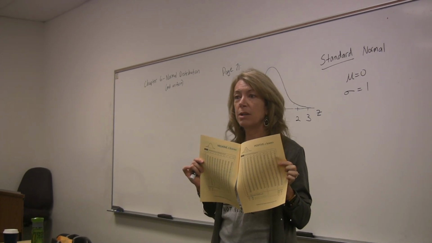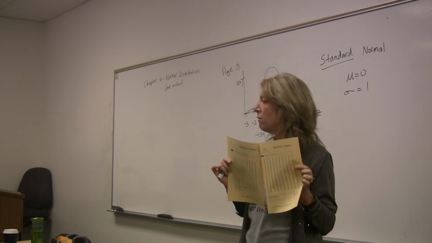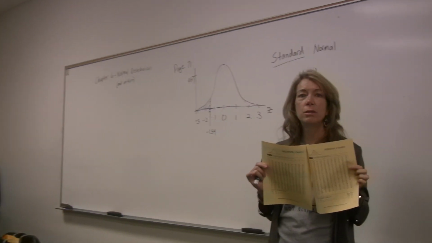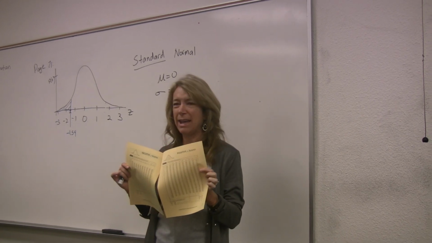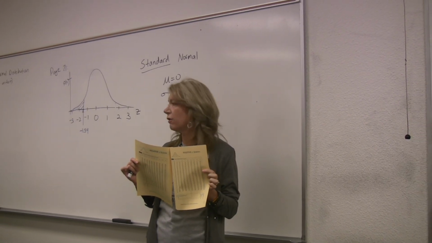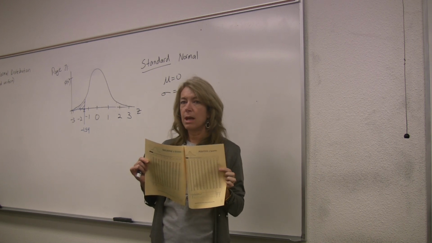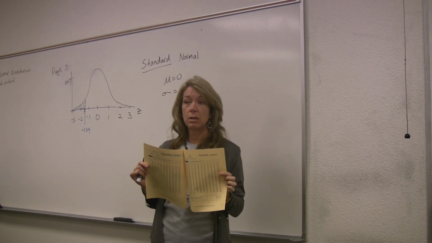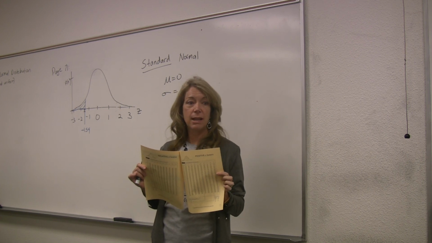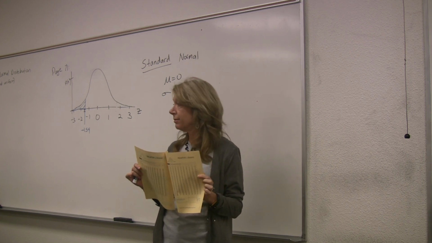Scary looking, but we're going to talk about how to use it. So when it refers to table A2, you can look for it in the book or online, but you also have it in your packet. Sometimes it's easier to pull this out than to go searching for it in the book. This tells you how to find probabilities for a whole bunch of Z-scores. And we're going to discuss exactly how to use it, so no need to panic.